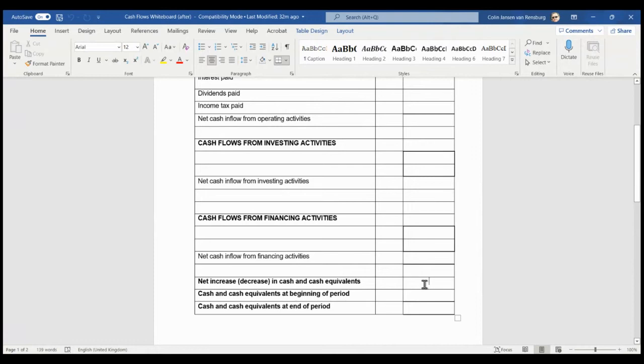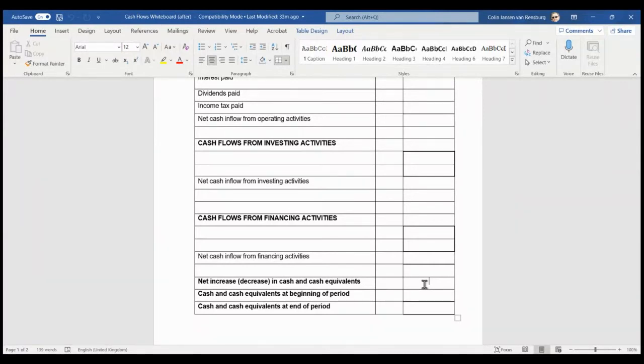There's no other way of describing it, ladies and gentlemen. You're not going to describe it as increase in bank, because it doesn't only include bank, it includes your cash, your petty cash, your cash floats, various bank accounts, savings accounts, as long as it's a current savings account and not a fixed deposit that you can only lay your hands on in 2 years' time, because then it's part of your investing activities, as you can probably realize.